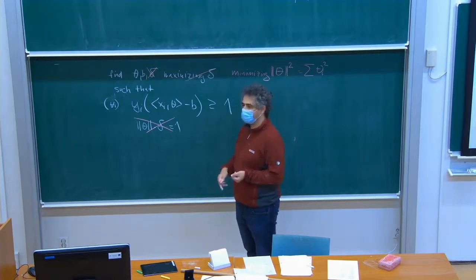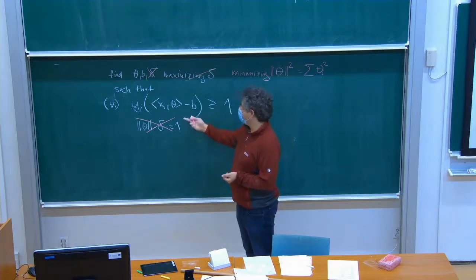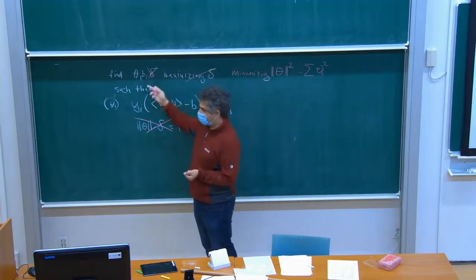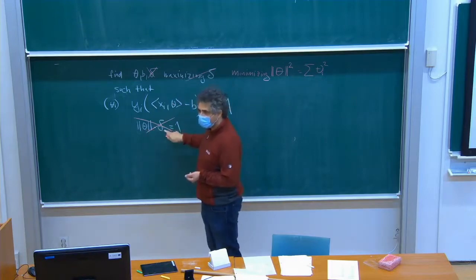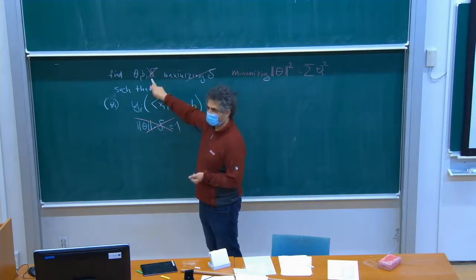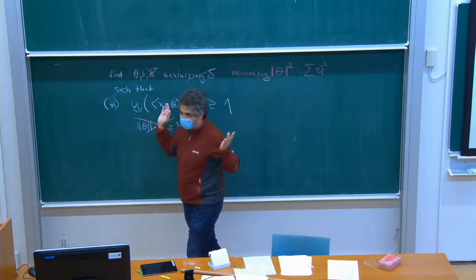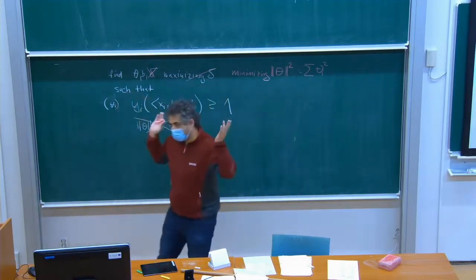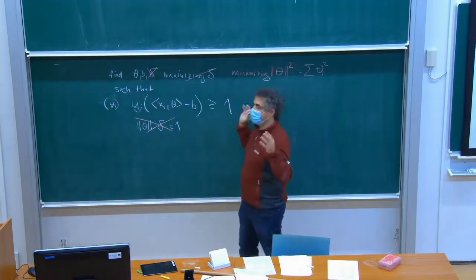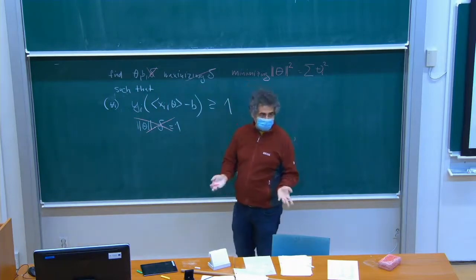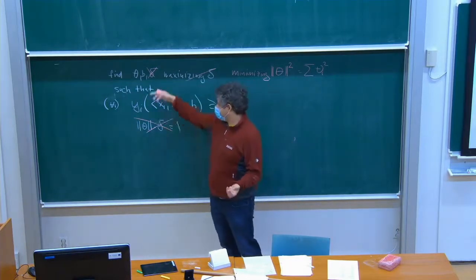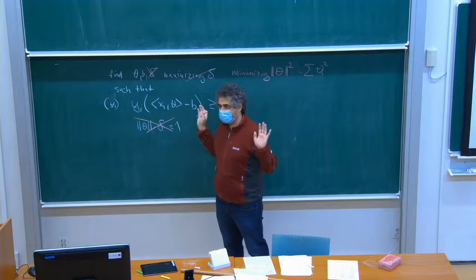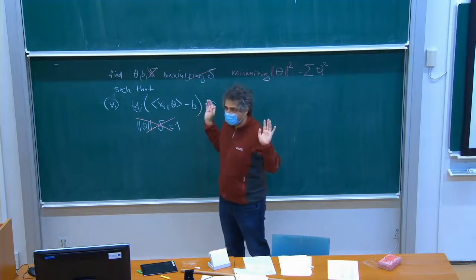And the only thing this condition is used for is to compute delta. So if we decide that we don't want to compute delta, then we can get rid of this condition altogether, because we don't need it.